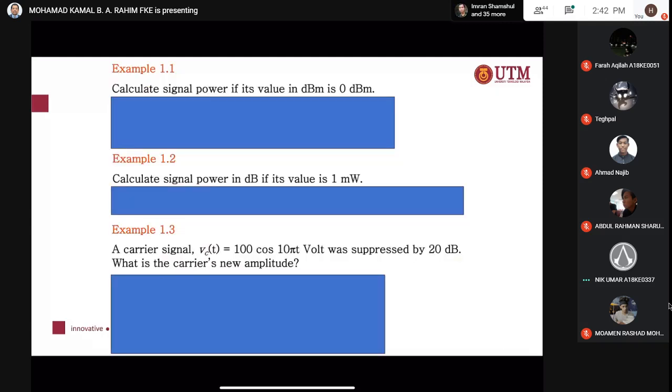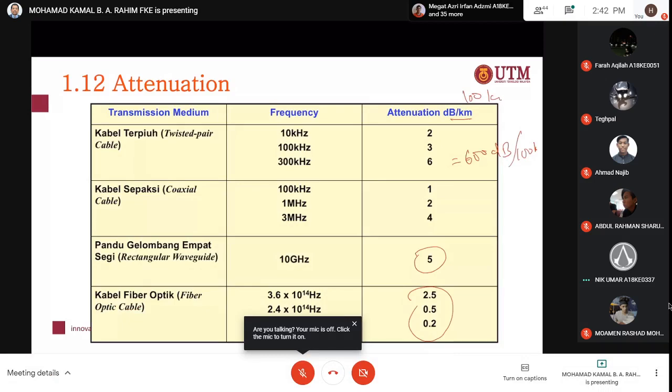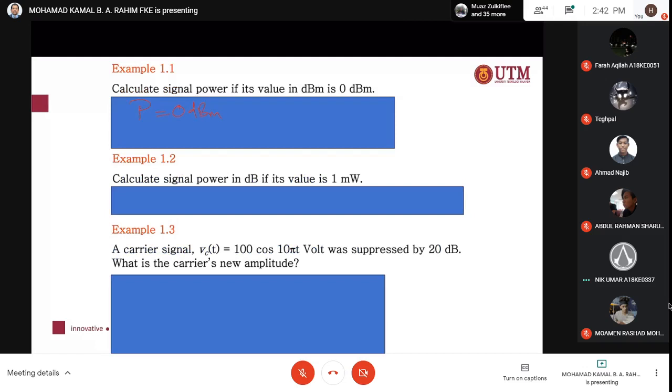Okay, all right. So, example here, calculate the power if its value is 0 dBm. I did this so many times. How do you want to do that? The value of power is equal to 0 dBm, and then how to get this one? dBm is 10 log power over 1 milliwatt, isn't it?